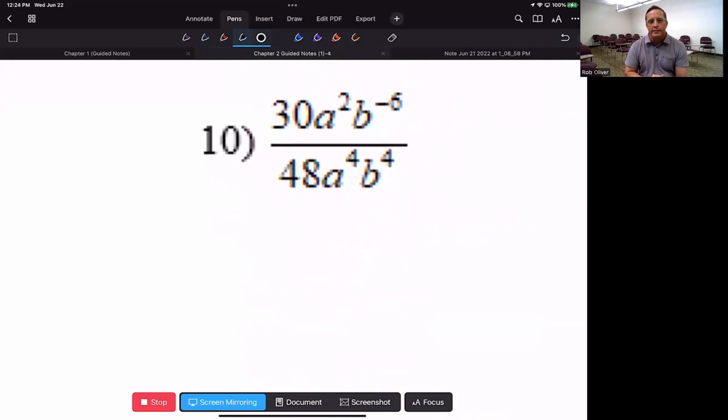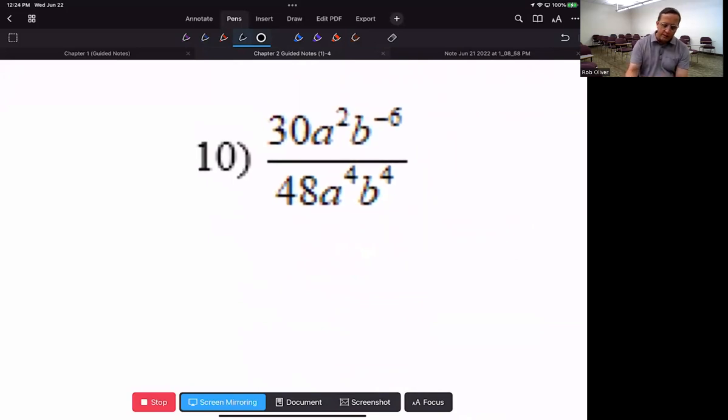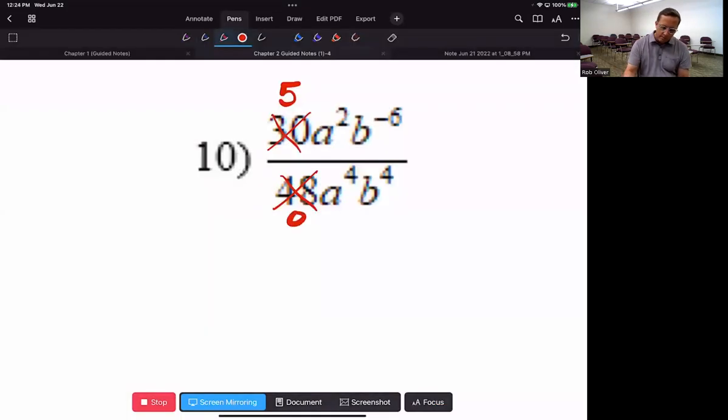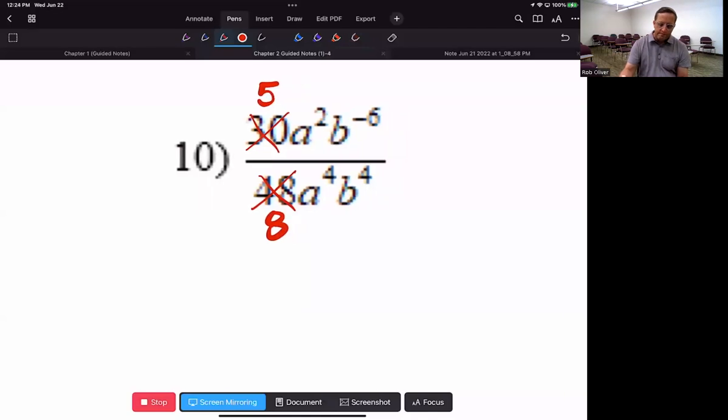All right, on the last example for this one, we have coefficients again that could be simplified. Now 30 and 48 have a GCF of 6. So when you divide 30 by 6, you get 5. And when you divide 48 by 6, you get 8. So you get that.